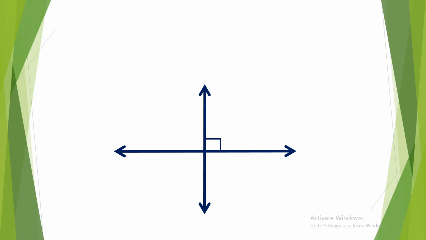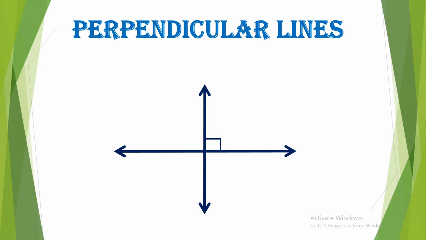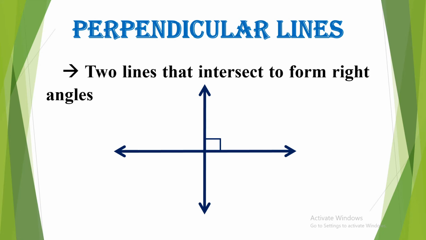So what do you think now is the relationship of those two intersecting lines? Very good. They are perpendicular lines. So when we say perpendicular lines, these are two lines that intersect to form right angles.